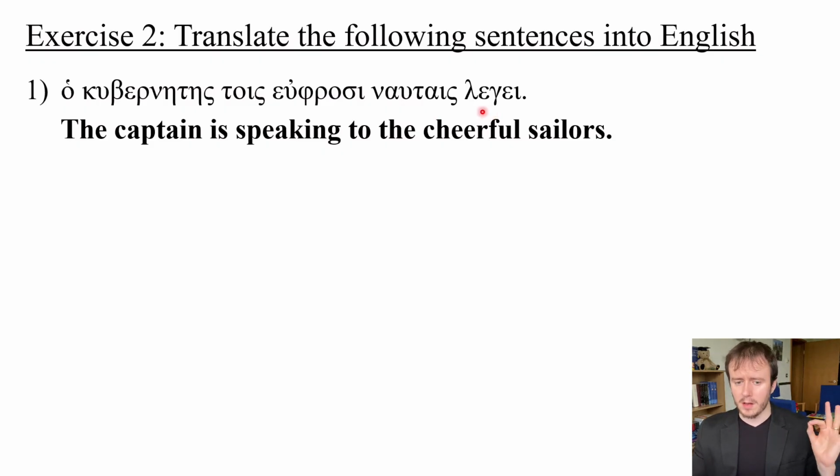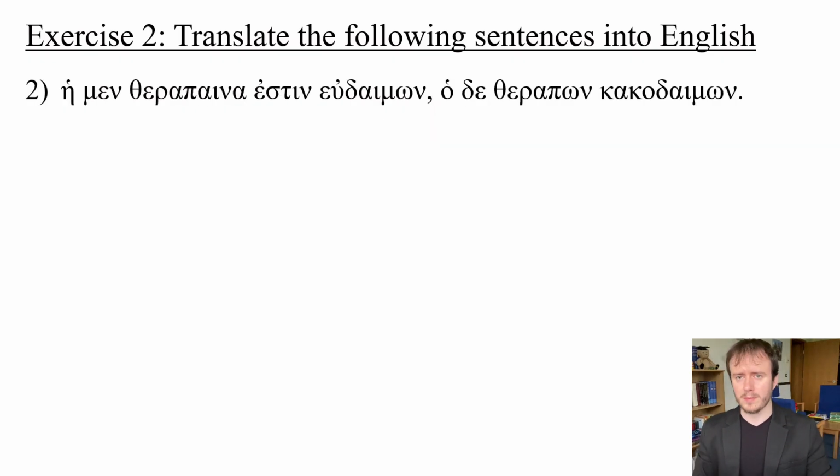And so we must translate this dative plural here using the word to. The captain is speaking to the cheerful sailors. You could have said to his cheerful sailors if you wanted, because Greek often leaves out the words his, her, its, their, etc. when those words are clear from the context.